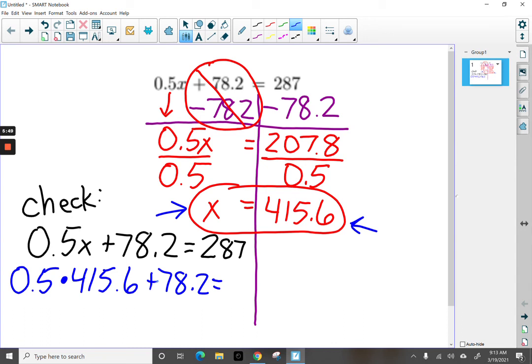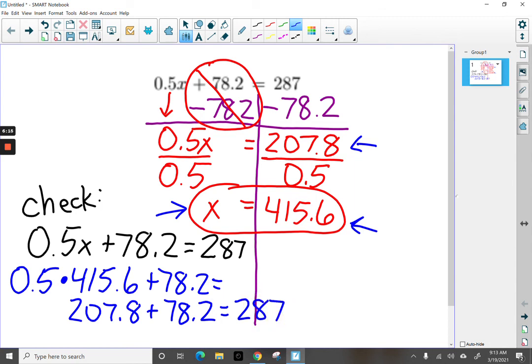You need to remember order of operations, multiplication first, 0.5 times 415.6, 207.8. Notice it is the same number we saw up here, plus 78.2. And very quickly using my calculator, yes, it is equal to 287.